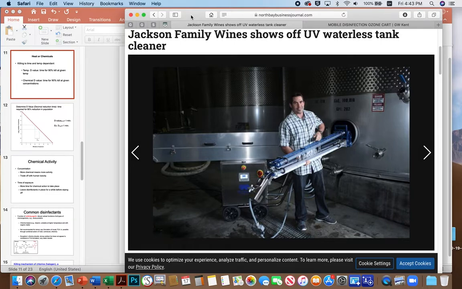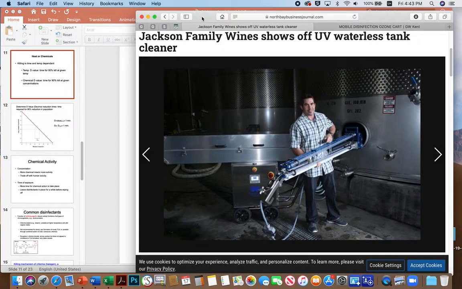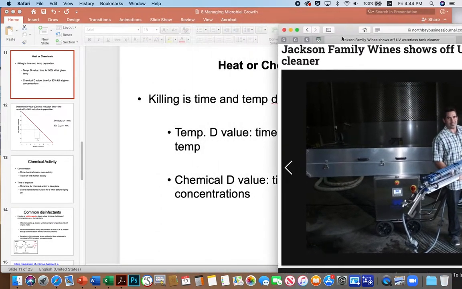It's the same way that UV causes cancer in people, melanomas and stuff. It does the same DNA damage to microbes. So UV has become a pretty important means for managing microbial growth in the industry.